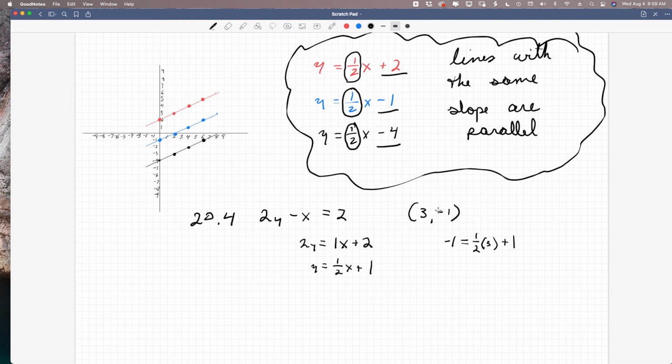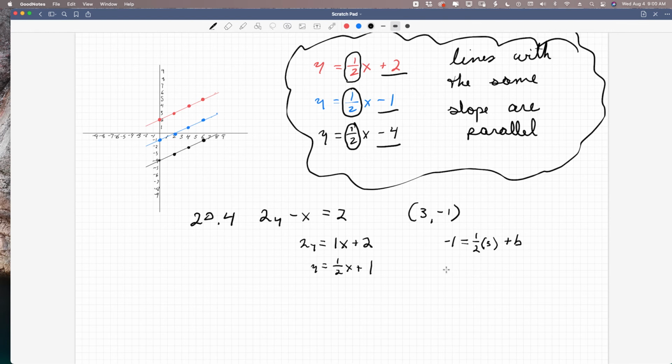Actually, we'll take the 1 out because we don't know what the y-intercept will be just yet. So we put b in here, and then that will tell us what the y-intercept is, because if we give it the same y-intercept, it's not going to be parallel. It's going to cross over. So we don't know where it's going to start, but we do know what point it passes through. That's why we can sub in here.